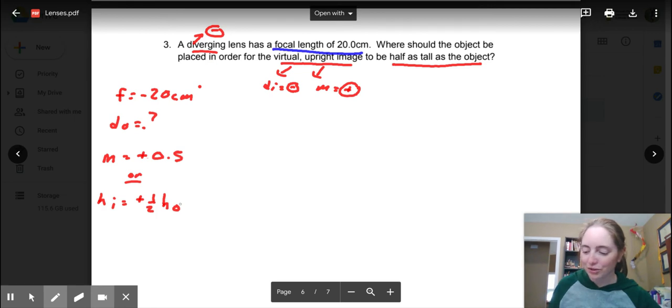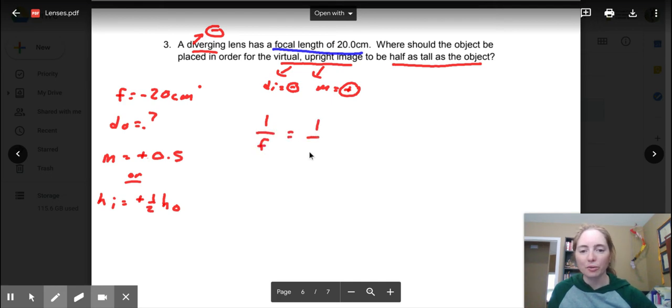Okay, so ladies and gentlemen, we've got a whole bunch of substitutions to do. So we are trying to find our DO. Okay, so we have the focal length, and we have our 1 over f is going to equal 1 over DO plus 1 over DI.